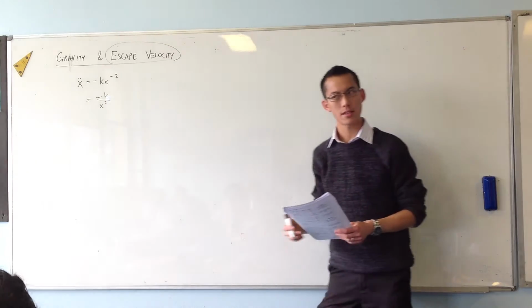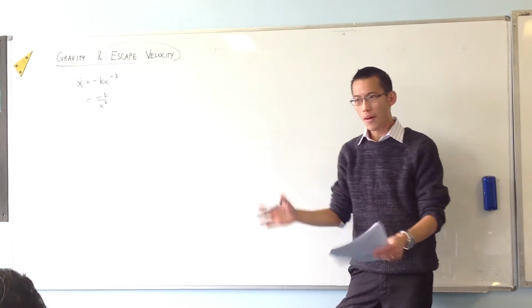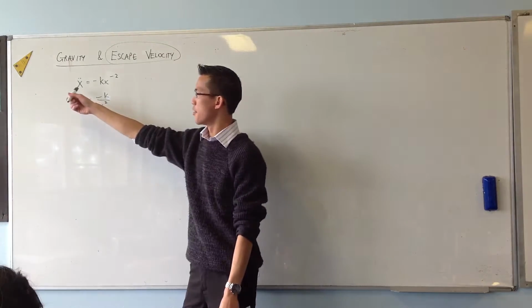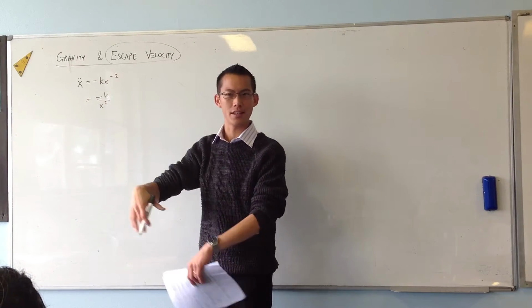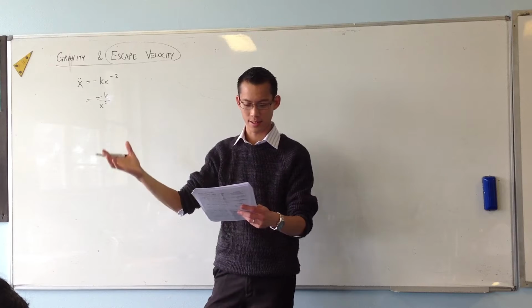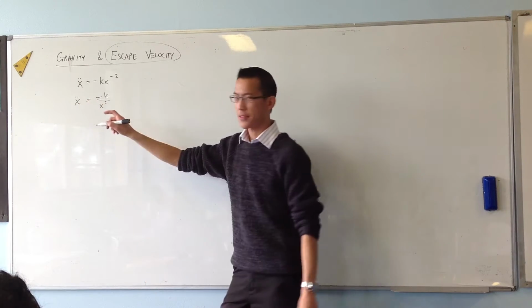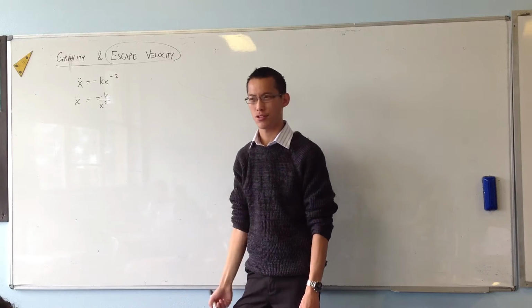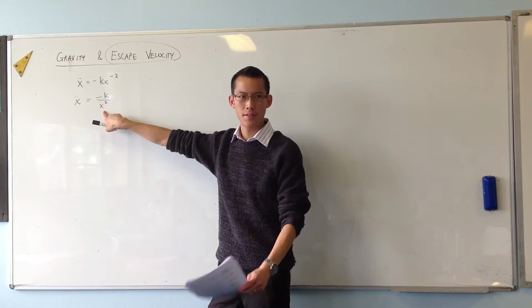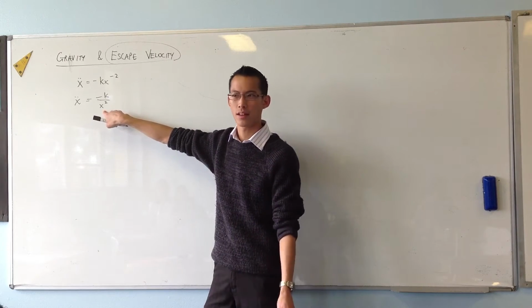So because that x is on the denominator, what this is telling us is the force that's acting upon this object, in its distance from Earth, is inversely proportional to the square of the distance where the force is coming from.